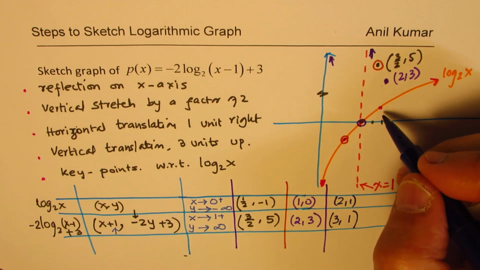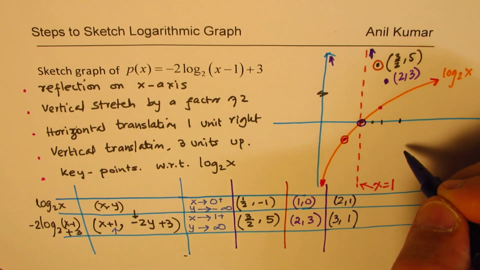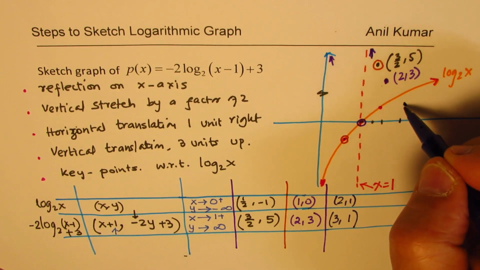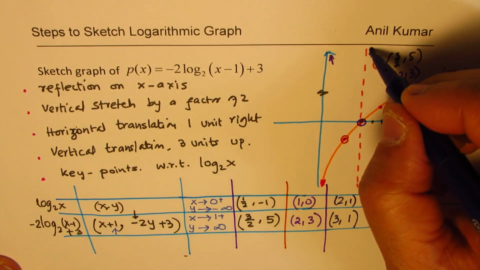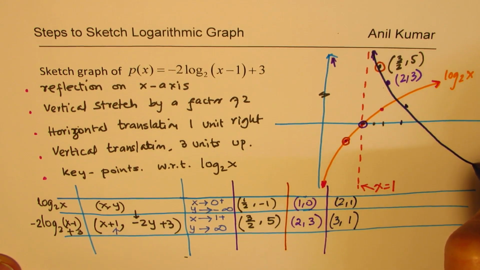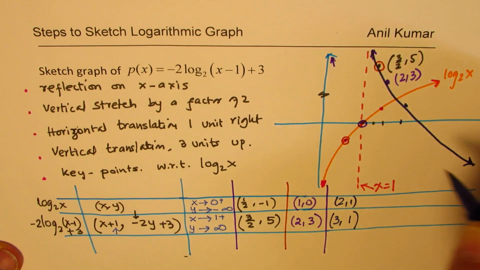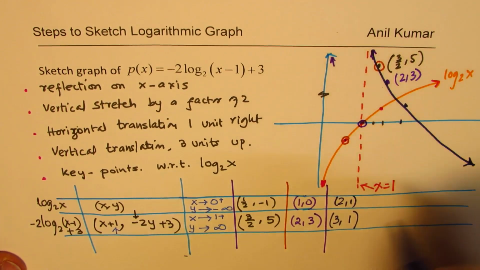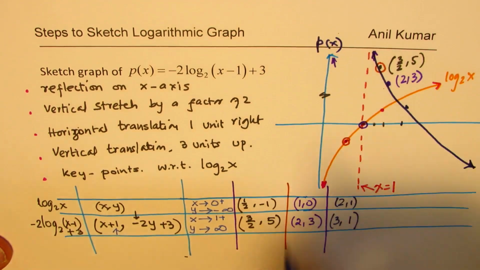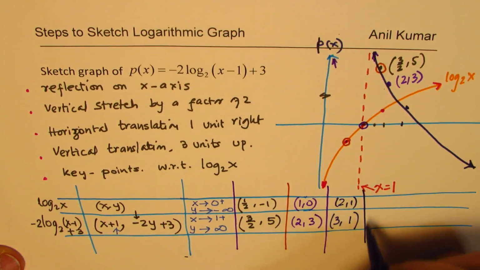So the third point moves to a position which is 3 units away, but 1 up, right? So you see how we are getting this graph, correct? This graph here is kind of like this. Does it make sense? So that is the graph of our function p of x.